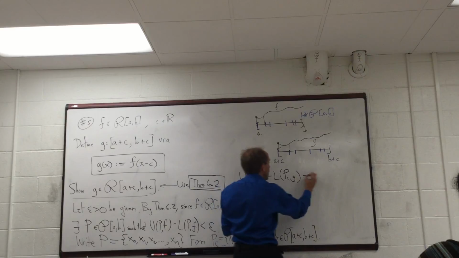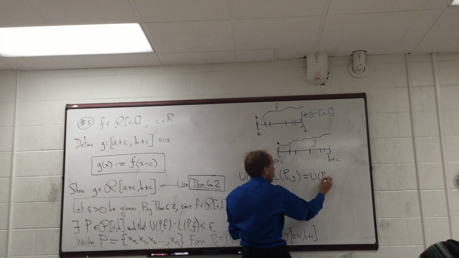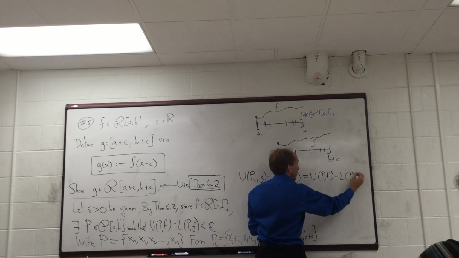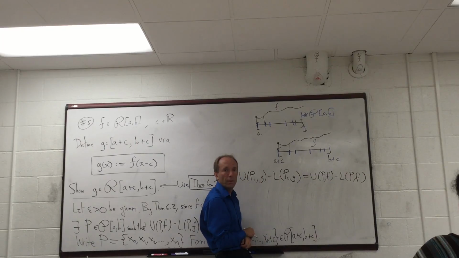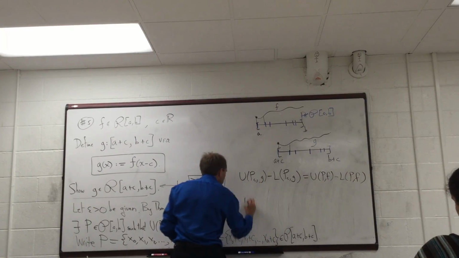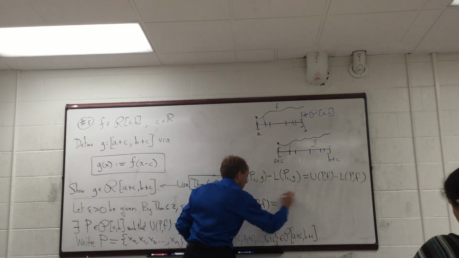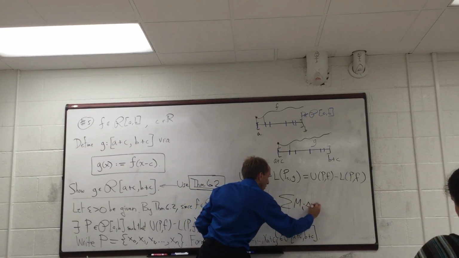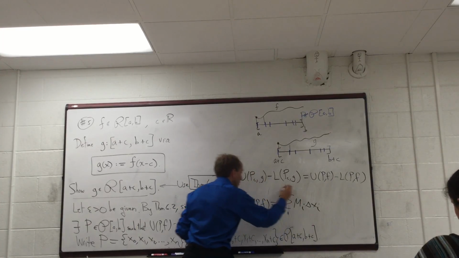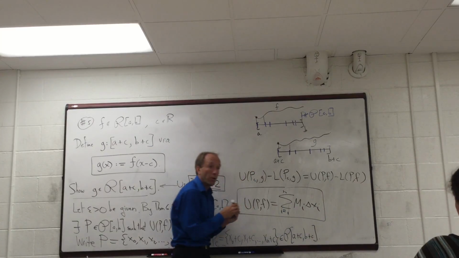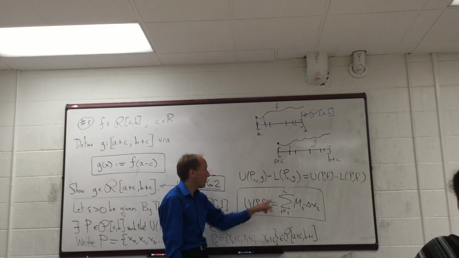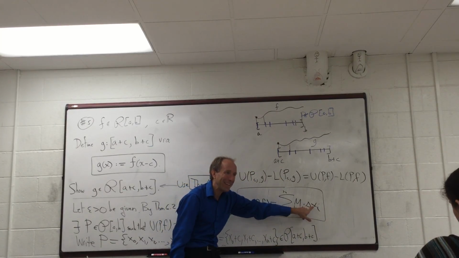So do you agree with me then that this is just the same as UPF minus LPF? Again, remember the formulas. Let's just look at the UPF. In order to calculate this, I have to know the big mi's and the delta xi's.